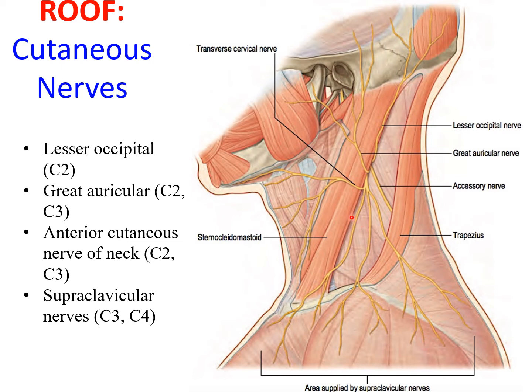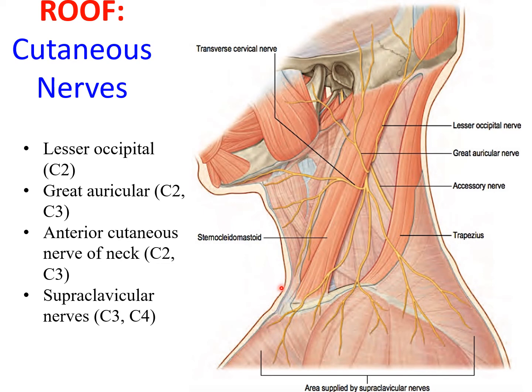Coming to the last branch, that is the anterior cutaneous nerve of the neck or the transverse cervical nerve. This transverse cervical nerve arises from the ventral rami of the C2 and the C3 nerve and runs transversely across the sternocleidomastoid muscle to supply the skin of the neck till the sternum.